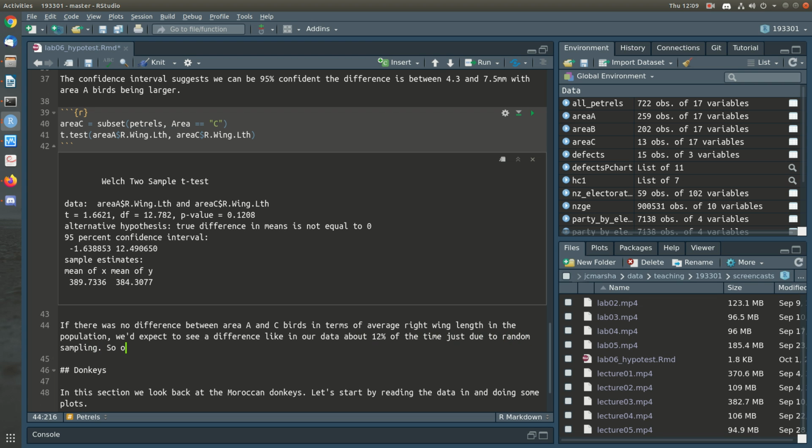So our data are consistent with there being no difference between area A and C birds.